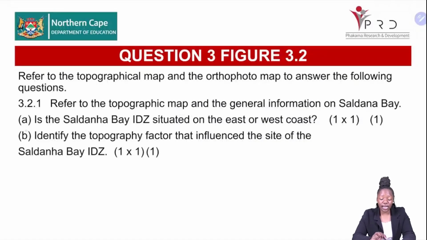A: Is Saldanha Bay IDZ situated on the east or west coast? This shows the importance of reading the general information, even if you are not familiar with the area, because you are already given the information about this area. So here you are choosing, is it at the east or at the west coast?